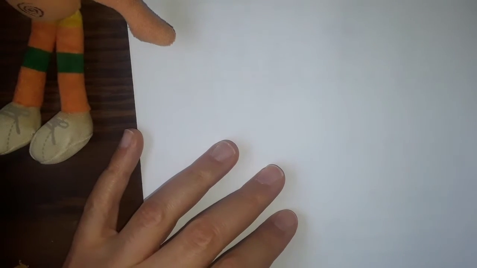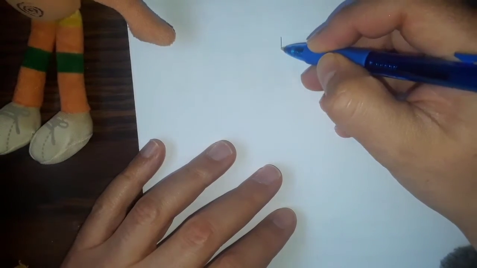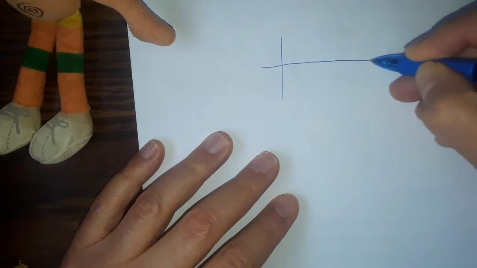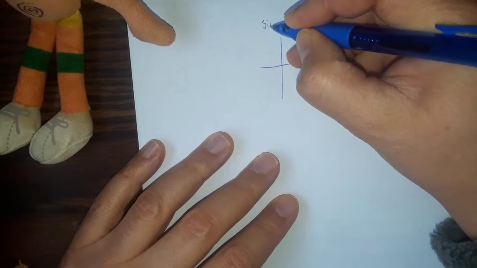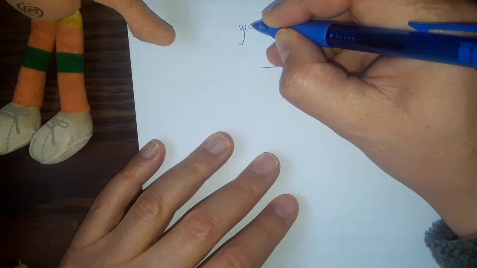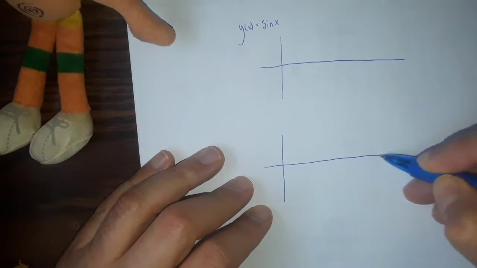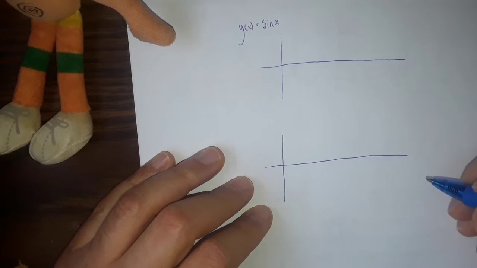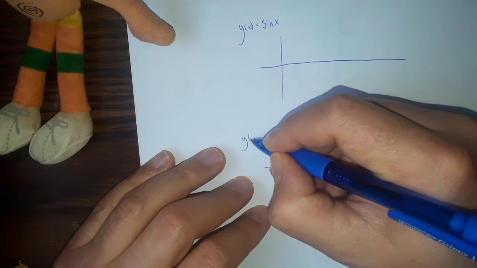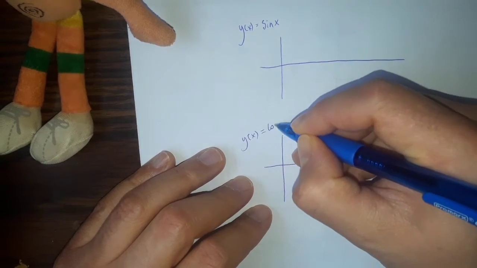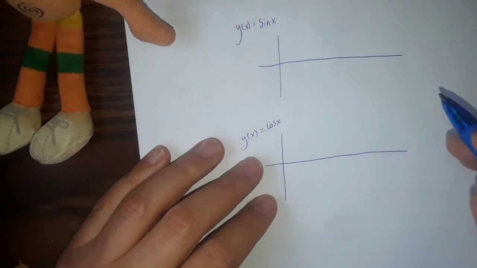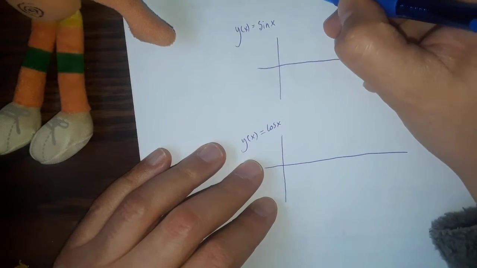Let's graph it here. We're going to graph the sine of x and the cosine of x, in degrees.